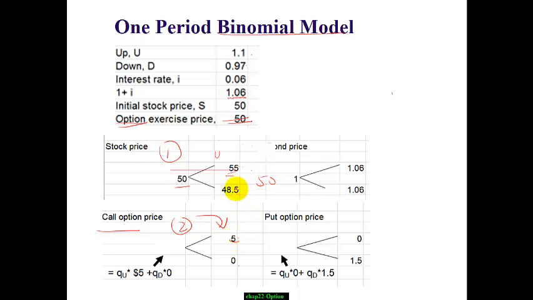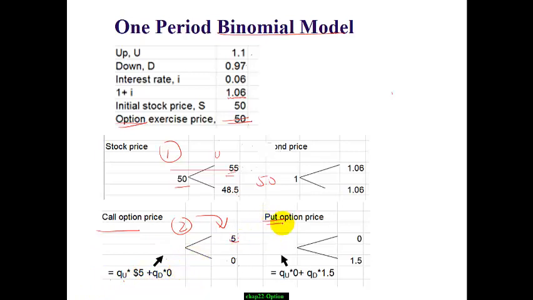When the price finishes below 50, the call is out of the money, 0. So if we have the state prices, we can discount this payoff with qu and qd. This is just one way of doing that. We go to the actual numbers later.